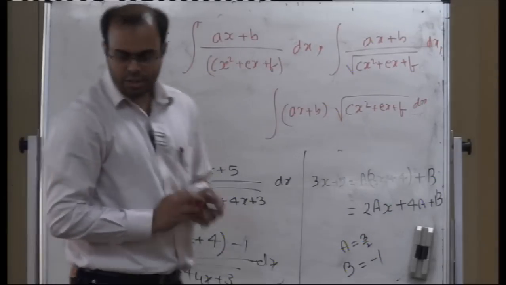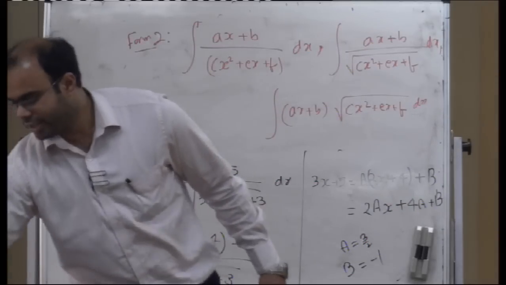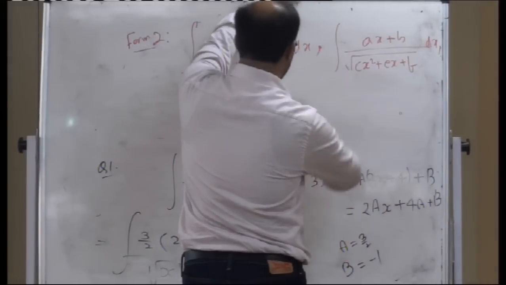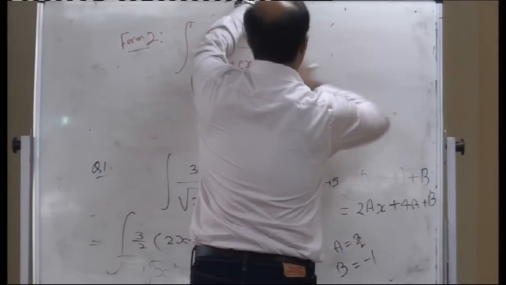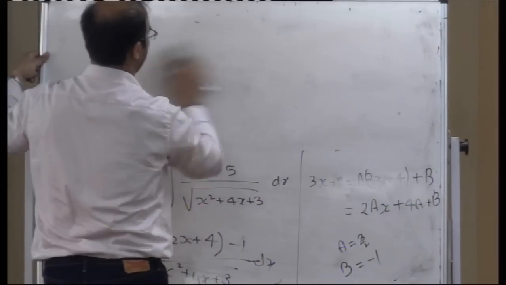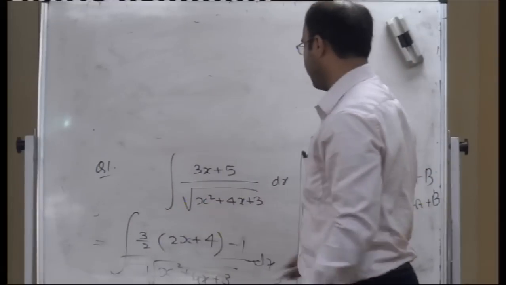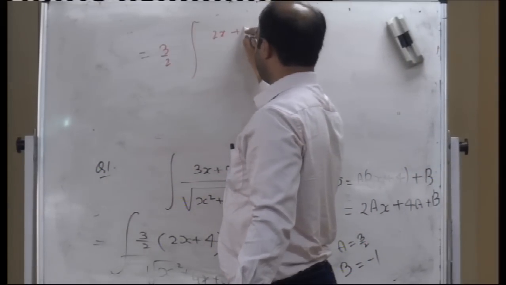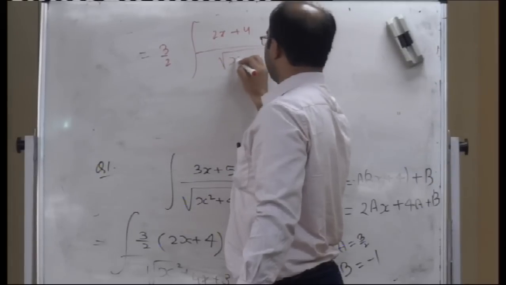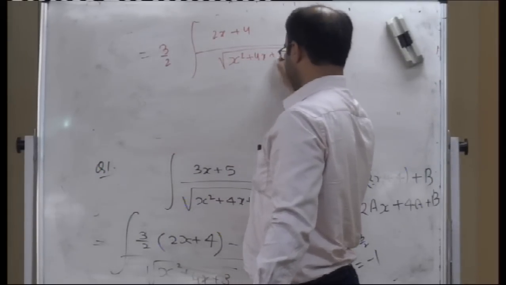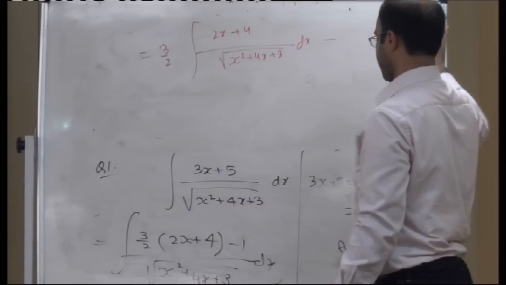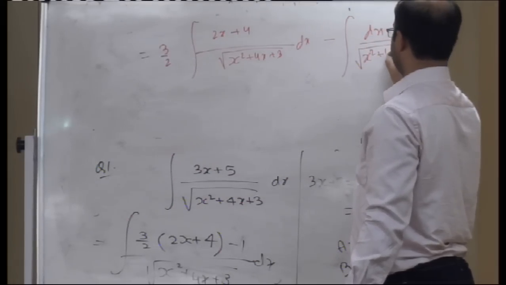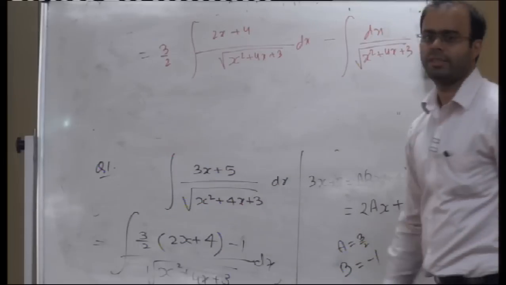Now after this, your question is quite easy to solve, simply because you have either a known form or the form 1, which we have studied just now. The known form is that when you take 3 by 2 outside, this is (2x plus 4) upon root over (x square plus 4x plus 3) dx, minus dx upon root over (x square plus 4x plus 3). This is what you have to calculate.